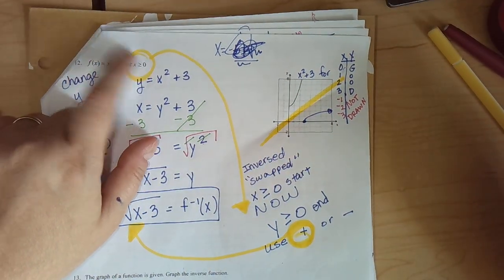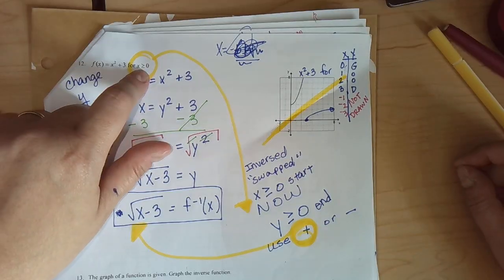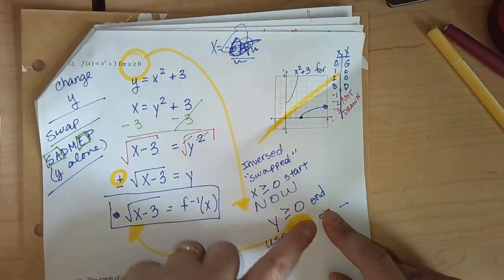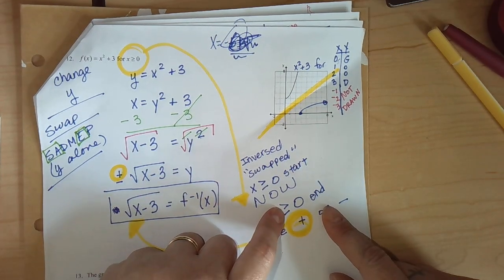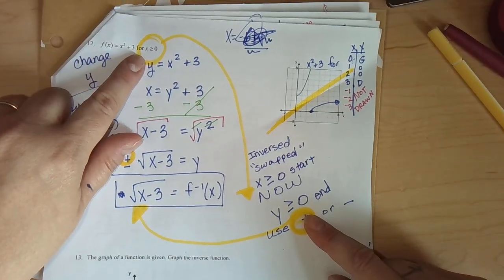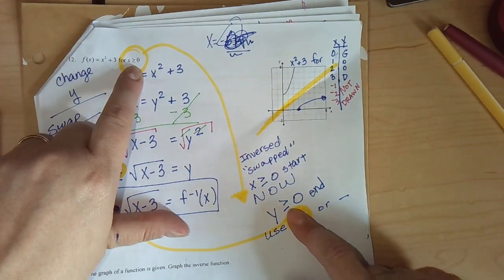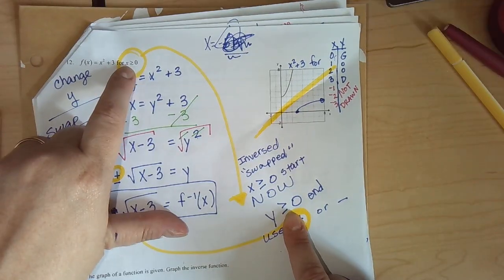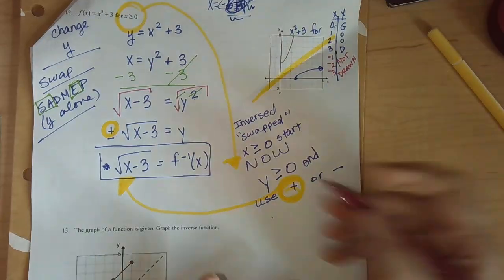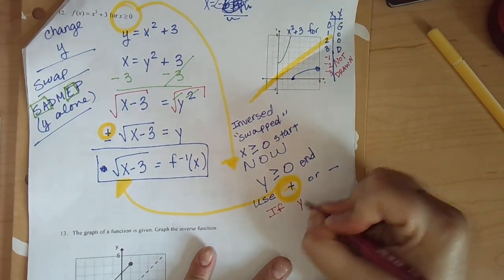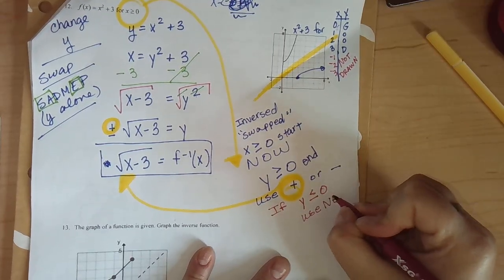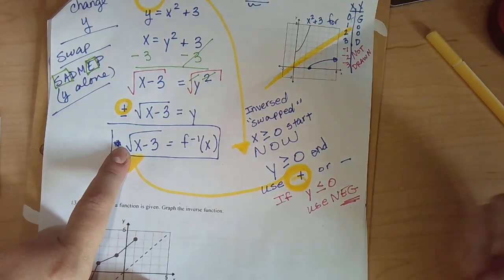And the first equation, its domain was x bigger than or equal to 0, but inverse means you swap them and you change the letter. My bad, you keep the inequality sign the same, but you change the letter. So if this would have said y less than or equal to 0, then I would have used a negative on the front of this square root.